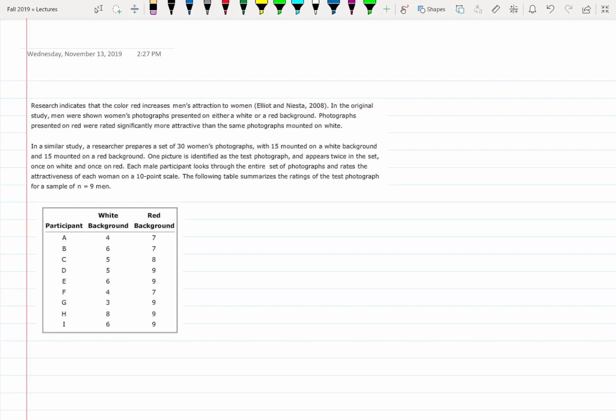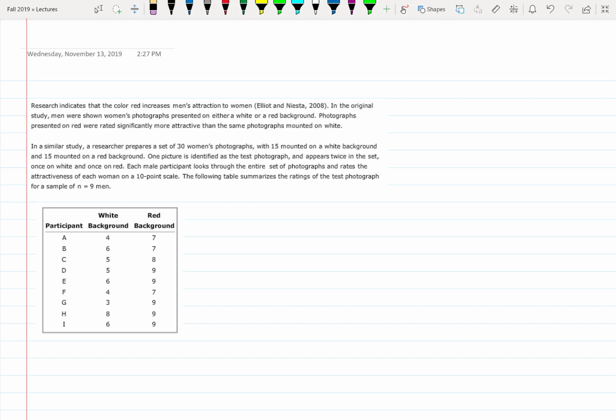The idea is to compare their ratings across the two different types. Oftentimes, probably a bit more common, we compare the same group at 2 periods in time. In this case, each person gets both conditions, and we're going to compare the results.